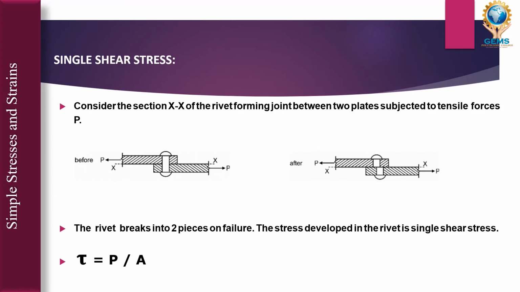The stress developed in the rivet is single shear stress. And its formula you already know: tau is equal to P by A.